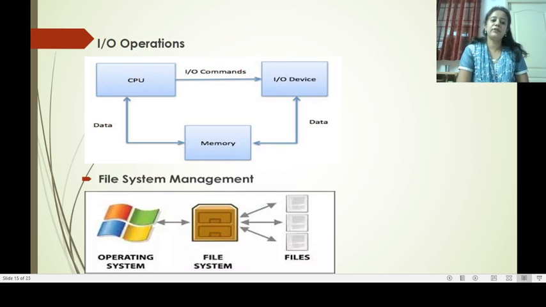As we know, whenever the program is running, it requests for many of the input output devices, and allocation of these resources to the running program is also taken care by the operating system. For example, when the program needs a printer, it should allocate the printer to the running program.